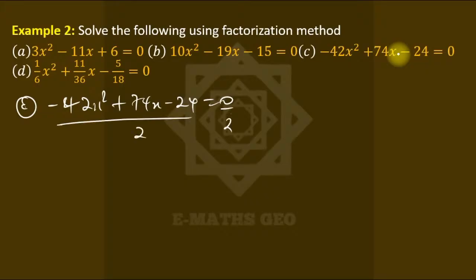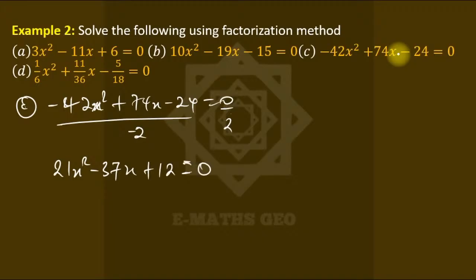So what do you observe? Let's divide by negative 2 so that it turns this to positive, since we always prefer the first term, the one with the coefficient of x squared, to be positive, making it 21x squared, negative 37x, while this is positive 12.